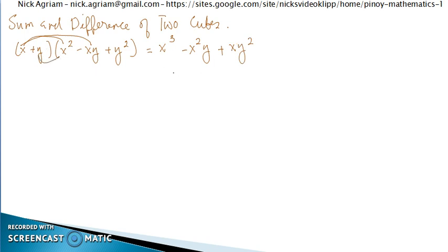Now we have positive x squared y, and then we have negative xy squared, and negative y raised to 3. As you can see, this is 0, and this is also 0. The remaining product is x raised to 3 minus y raised to 3.